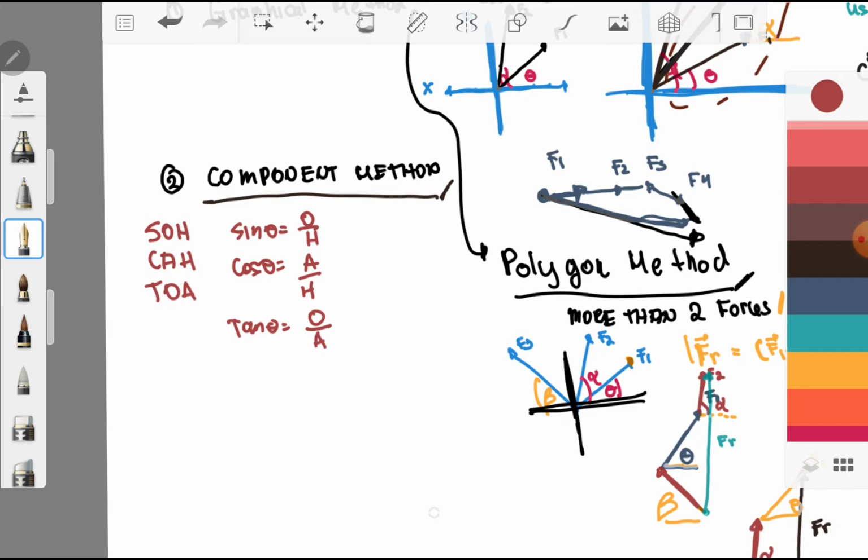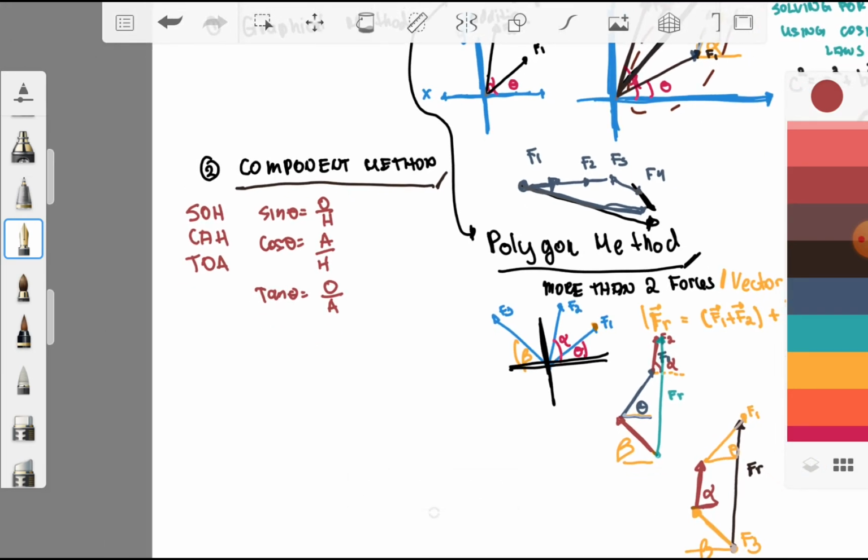Why? Because in theory, your force can be broken down into its x and y component.